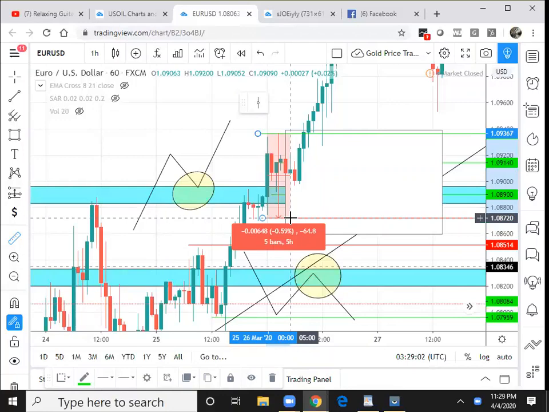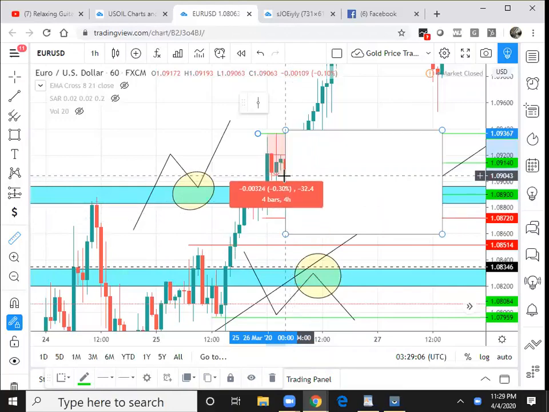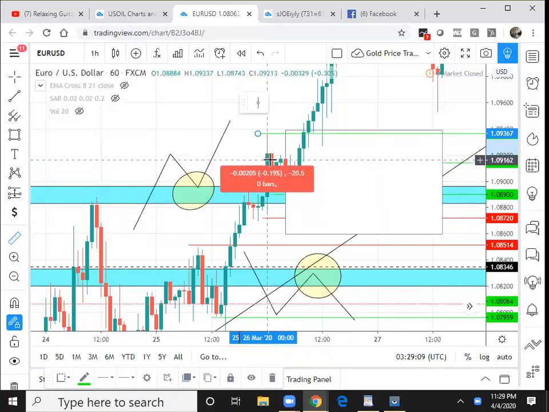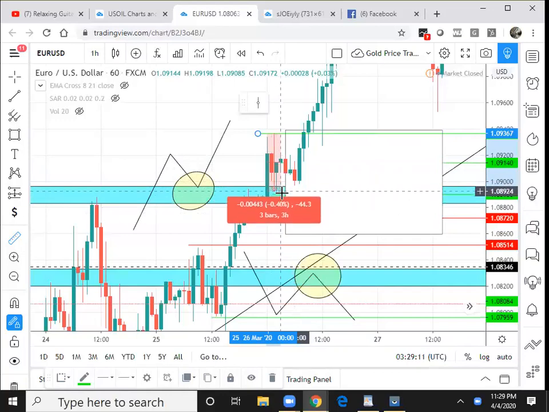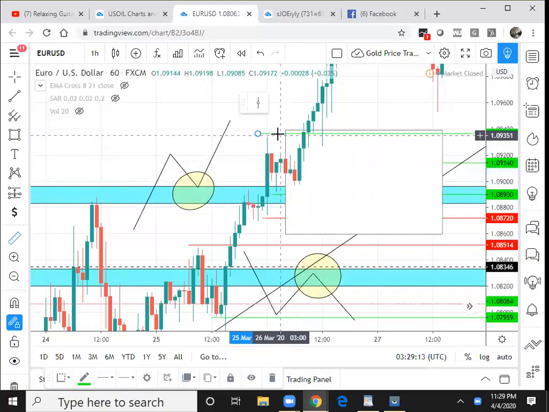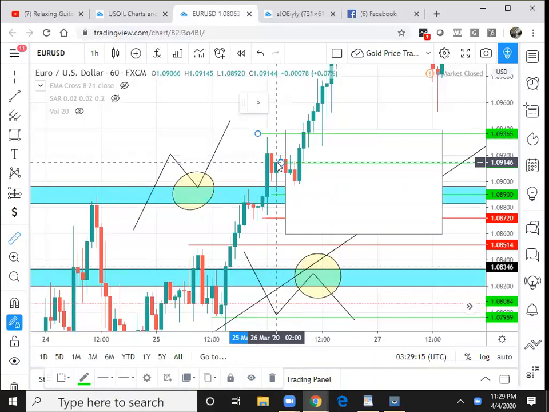However, if you wanted to have a higher lot size, you could enter lower down when price respects the zone and reverses. So instead of taking the entry up here, you could wait until price does this, where it went down and formed a wick, right?